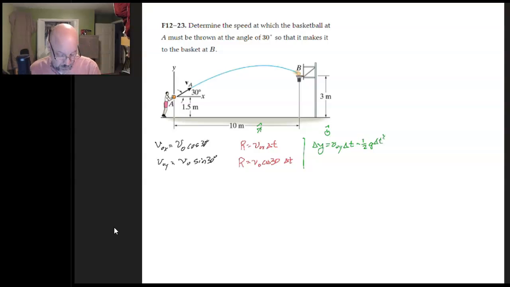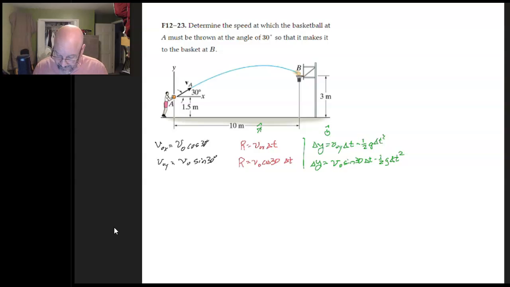And let's go ahead and put in what we know for v naught y. So delta y is v naught sine 30 delta t minus 1/2 g delta t squared. Okay, so what we have now is a pair of equations.